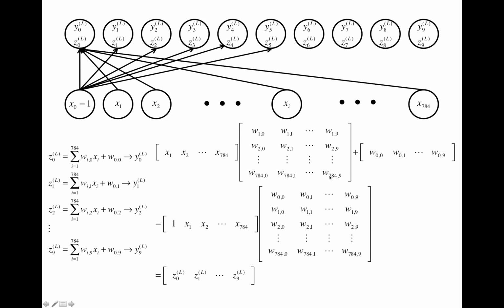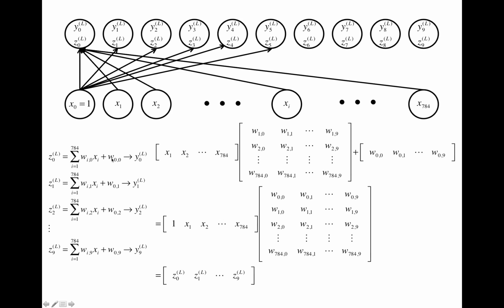And then if we carry out this matrix-vector multiplication between the input image vector and this matrix of weights, we're going to obtain a row vector with just 10 elements, and each element is the result of the weighted summation in each of these 10 equations.